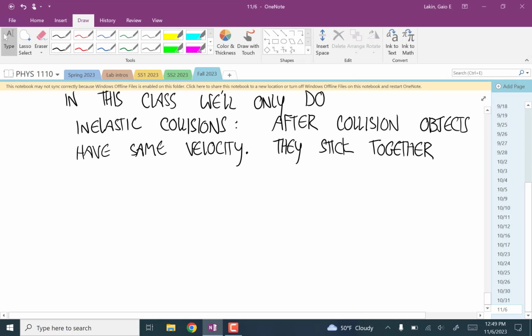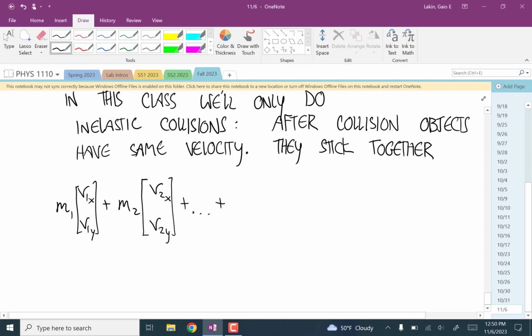So what this says is you'll have one mass times its velocity vector plus another mass times its velocity vector, and however many bodies you have, usually we'll just have two, up to the last mass times its velocity vector.